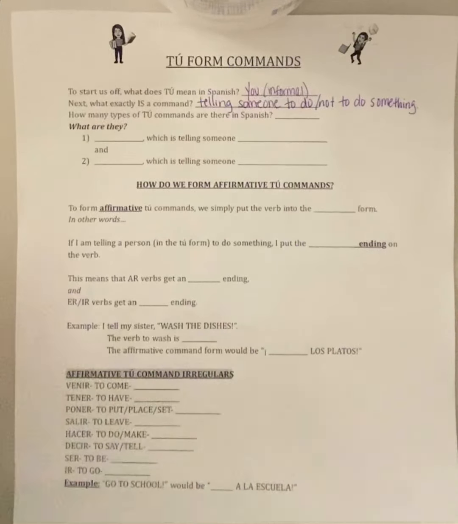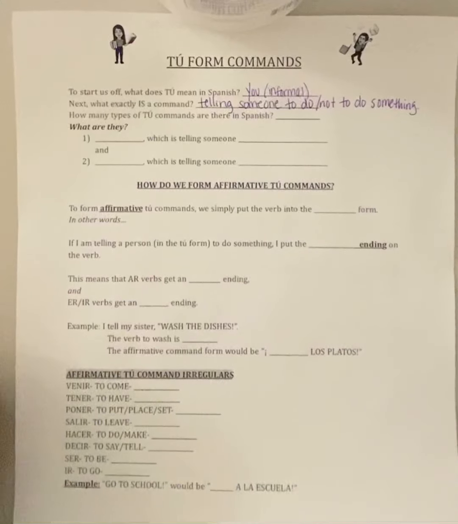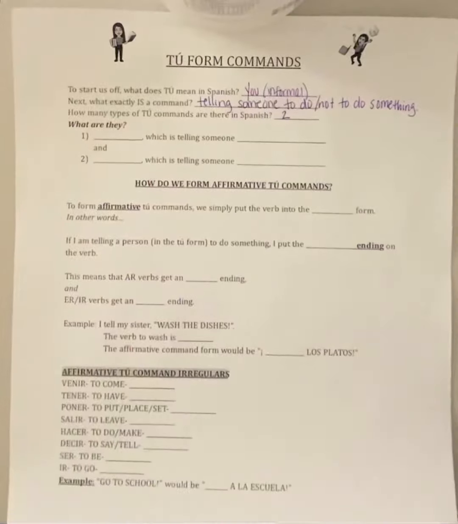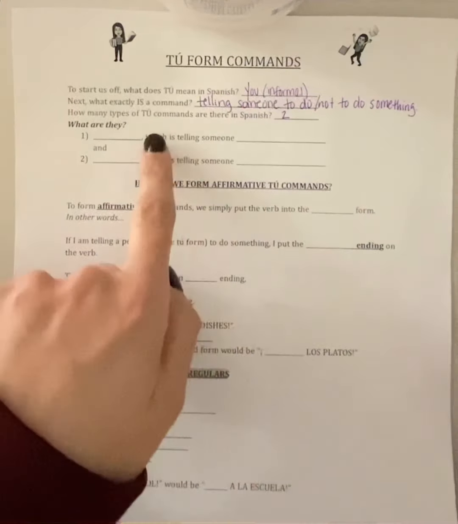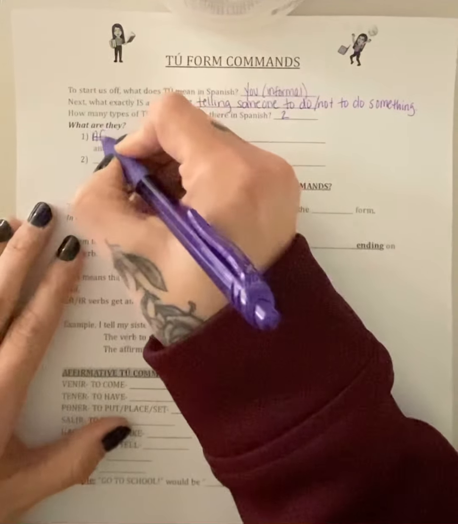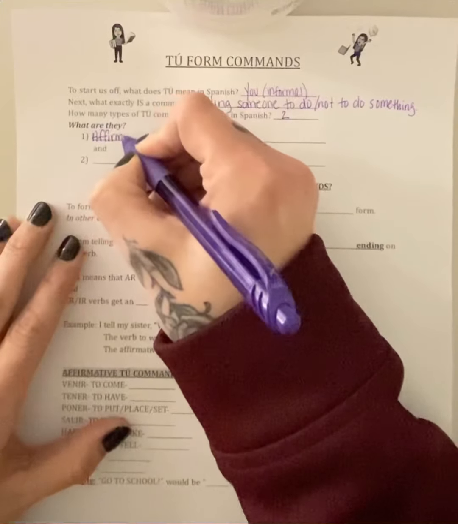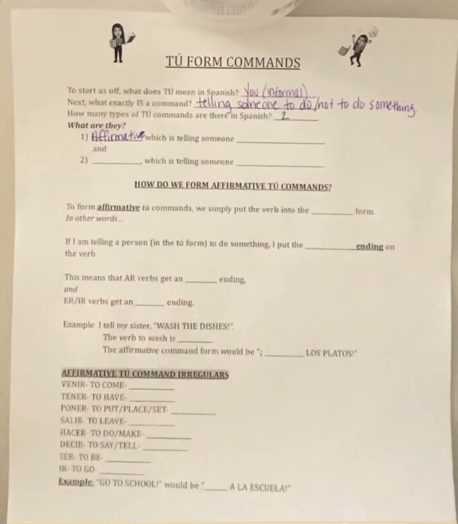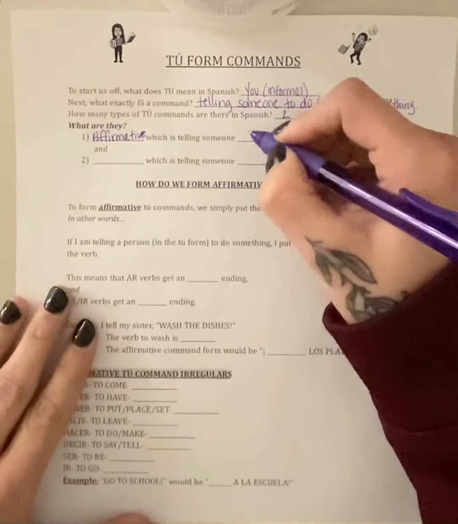So how many types of tú commands are there in Spanish? There are 2 kinds of tú commands in Spanish. Okay? And they kind of go hand in hand with this explanation here. So again, there are 2 types of tú commands in Spanish. The first one is called affirmative. Okay? An affirmative, which is telling somebody to do something.